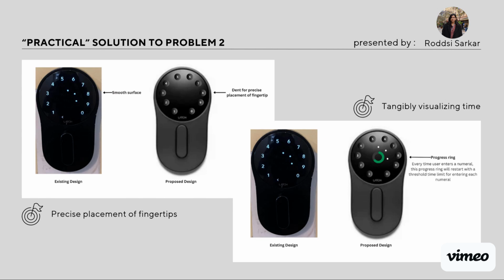To solve for the precise placement of fingertips and tangibly visualize time while providing security from prying eyes, first we added a dent or a bump for precise placement of the fingertip. In this particular picture, I've incorporated a dent, and there is a digital time progress ring in accordance to the shape of the dial, which will show exactly how much time is left before the user has to mandatorily enter the second digit.